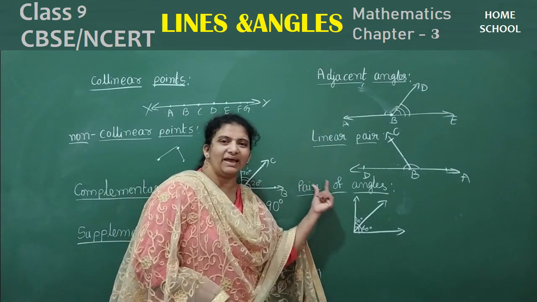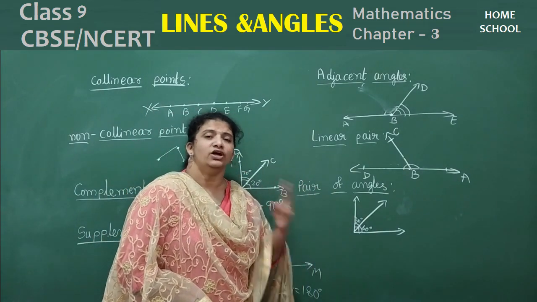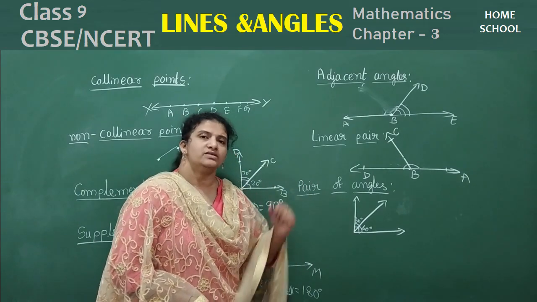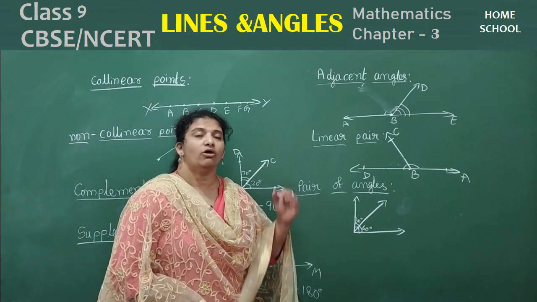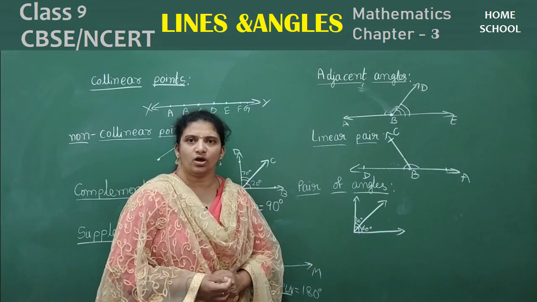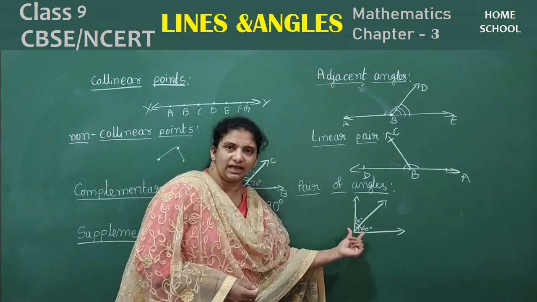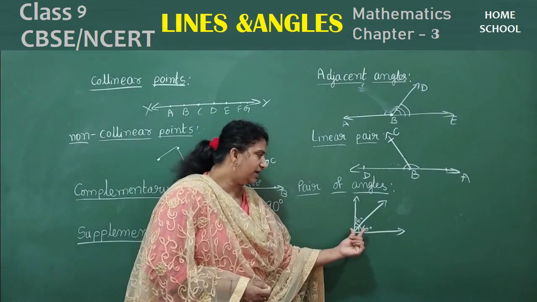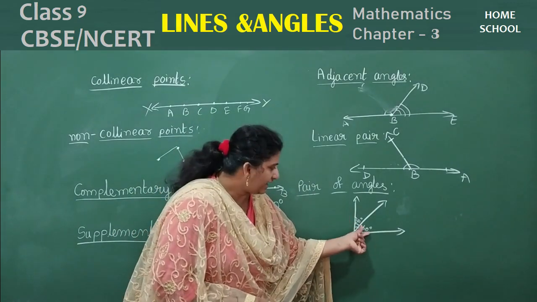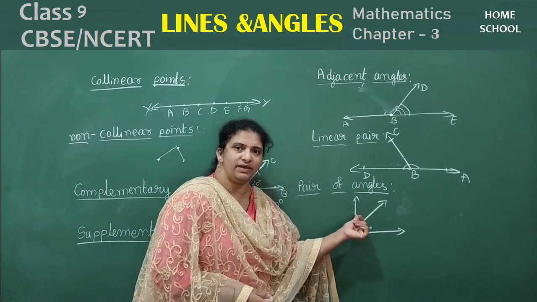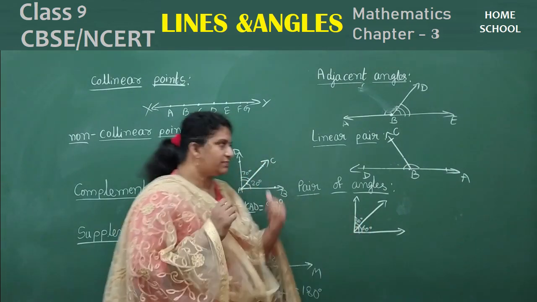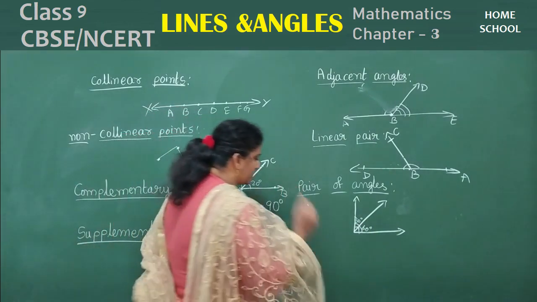In a pair of angles, there will be two angles. Suppose they give one angle, you need to find the other angle by all the rules you know. It is a right angle, we know, so it will be 90 degrees. One angle is 60 given, then the other angle will be 90 minus 60, which is 30 degrees. Okay, suppose one more example I am going to ask you.